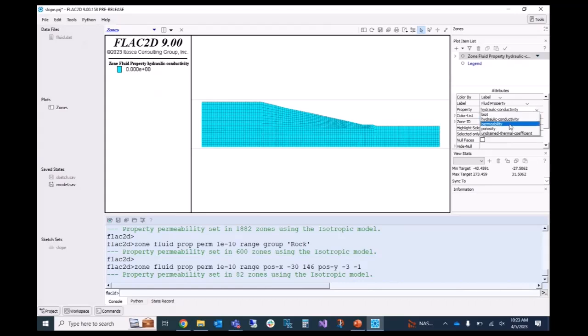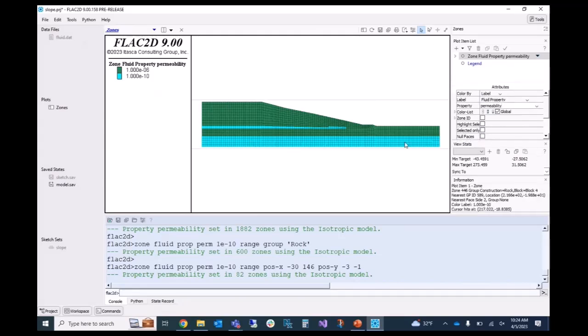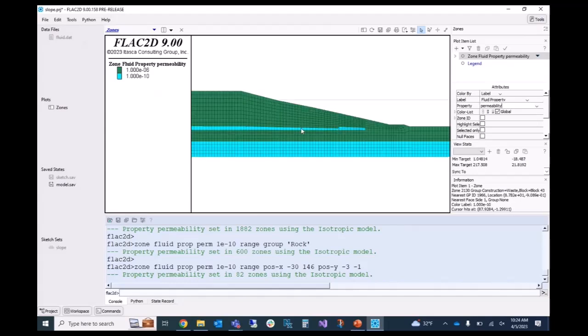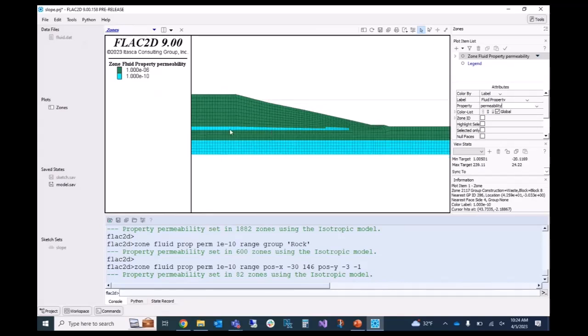Where it says hydraulic conductivity, change it to permeability. If you just choose permeability as the property, I've got the rock, which is 1E minus 10. The other stuff, which is 1E minus 6, except for this skinny little layer here at the bottom of the waste, which is 1E minus 10. And you can see here it's not really perfect, right? It picks up 2 zones over here and 1 zone here, but really we just want to have a layer of low permeability material.